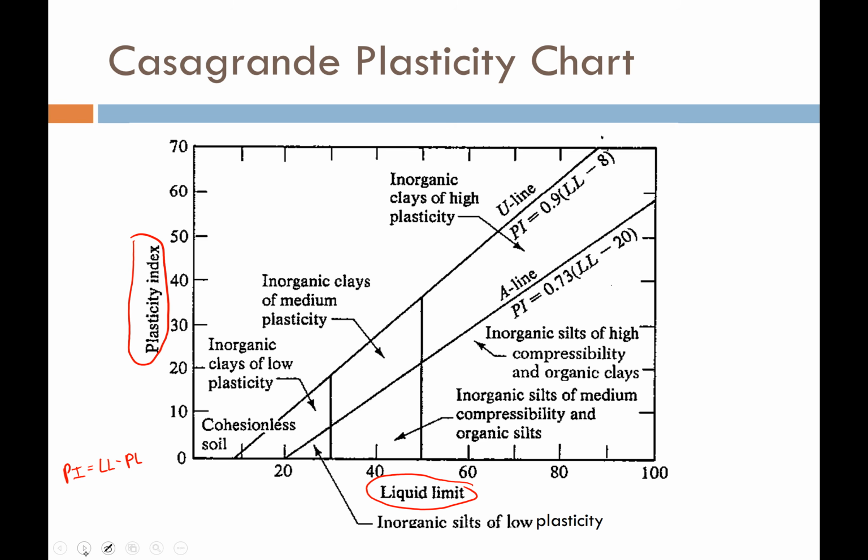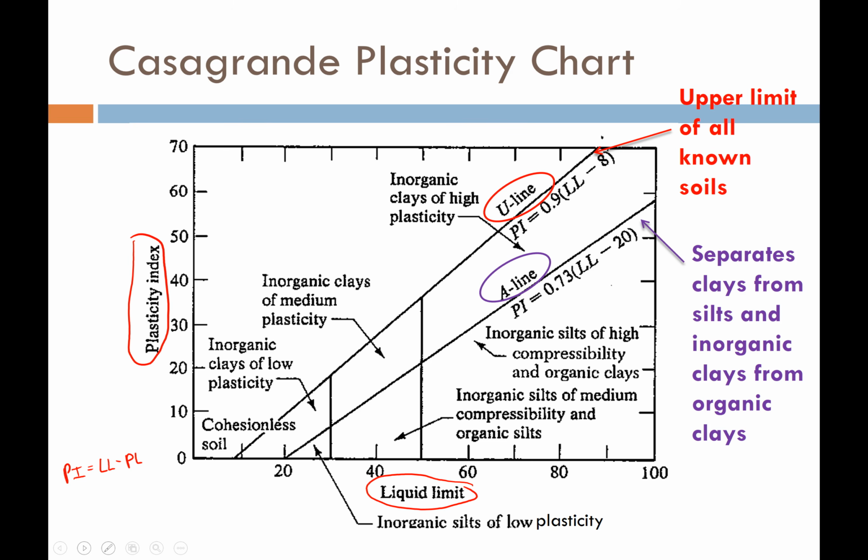For instance, he noticed that no soils ever plotted above this line, which he called the U line, or the upper limit of all known soils. He also noticed that he could separate different types of soils, basically the clay-like versus the silt-like soils, using this line that he called the A line, or the Atterberg line.